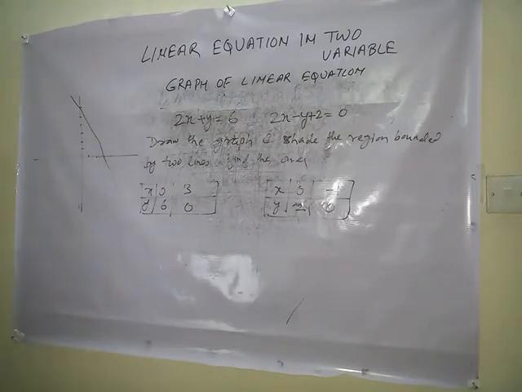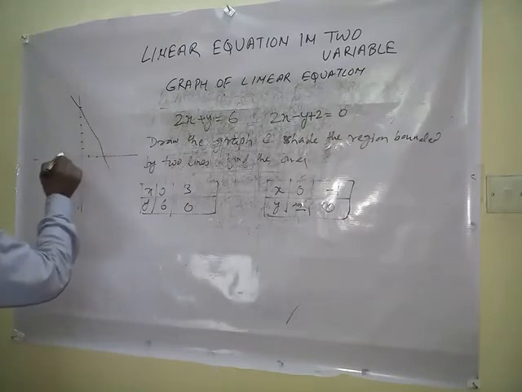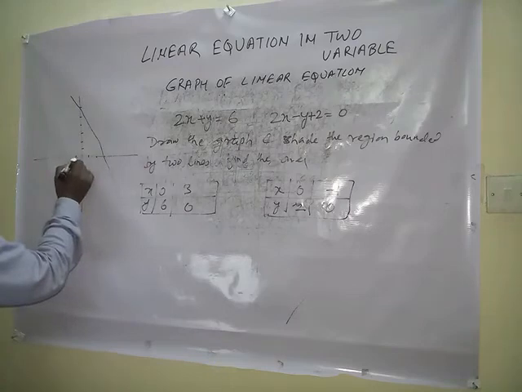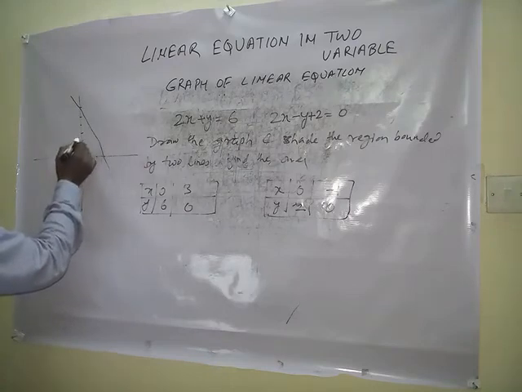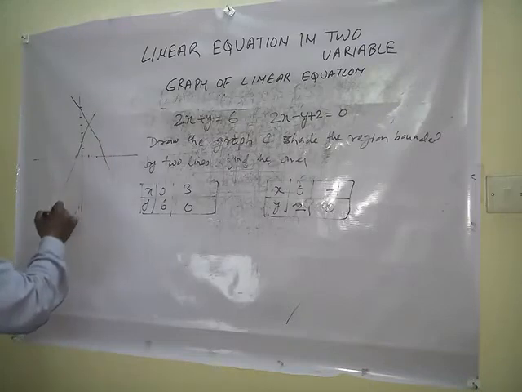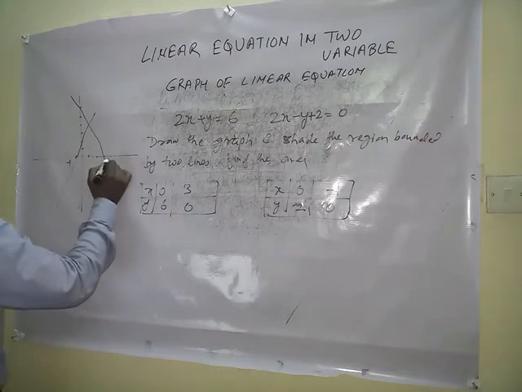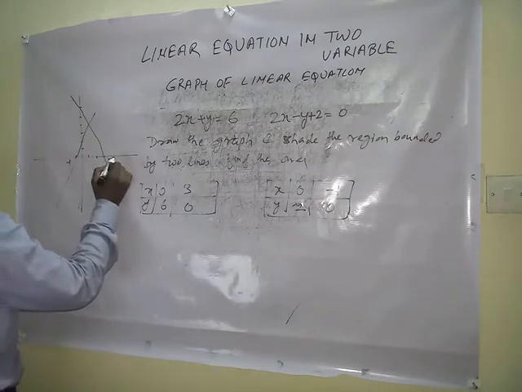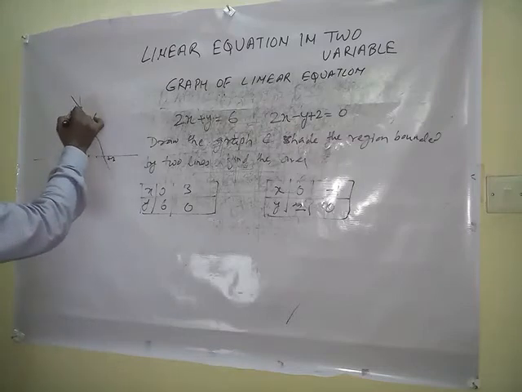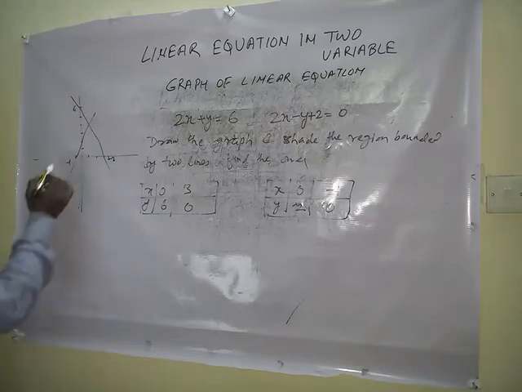This is one point. X is equal to -1 and y is equal to 0. This is another point. So the second line will be like this. So this is -1, this is 3, and this is 6. So that is how it is.